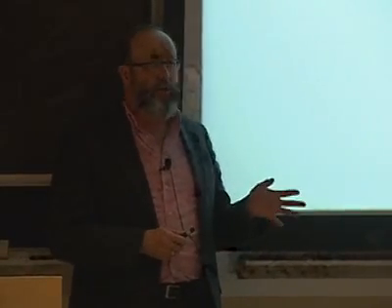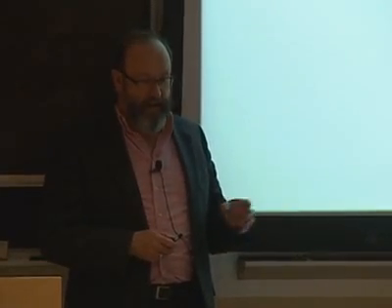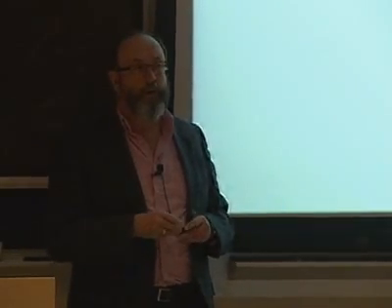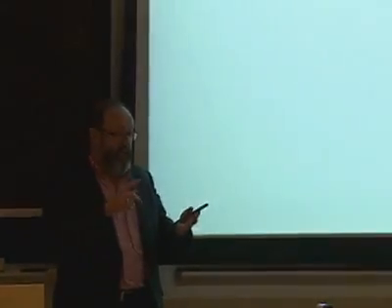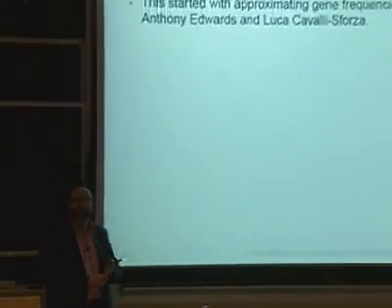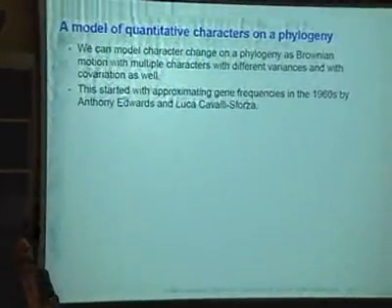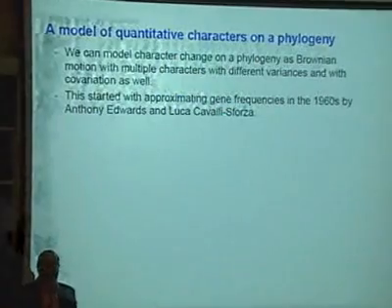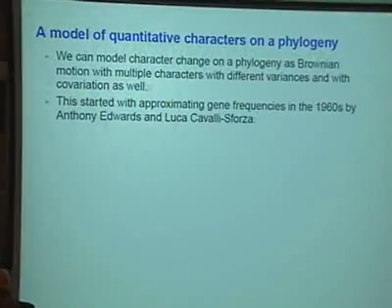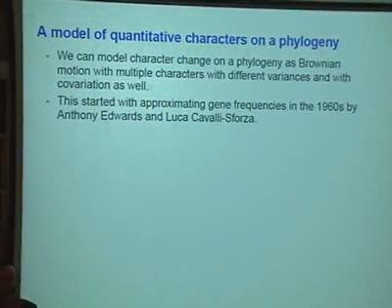The use of Brownian motion models for quantitative characters started out with the case of gene frequencies in the 1960s by Anthony Edwards and Luca Cavalli-Sforza, who wrote tremendously pioneering papers on the inference of phylogenies. They introduced the first parsimony method, they introduced the first likelihood method, and they almost introduced the first distance matrix method, but they waited 3 years to publish that, and Walter Fitch had slightly scooped them by the time they did.